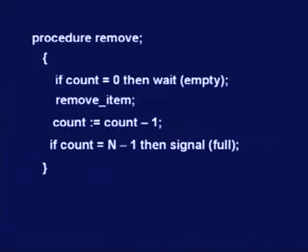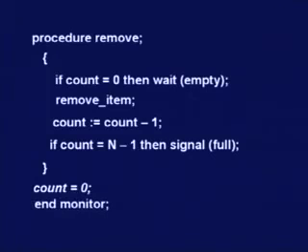So, it waits on empty, otherwise it removes the item, decrements the count by 1, and if the count is n minus 1, that means there is one single buffer empty, then it signals full, that means the value of full is incremented. So this is the procedure remove. The last part of the monitor is where we initialize the count variable, and the count variable is initialized to 0, and this is the end of the monitor.